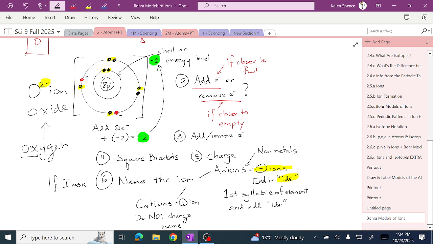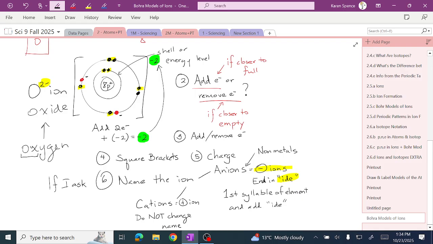But here's the thing. Sometimes, instead of one atom giving electrons and the other one taking it, sometimes 2 atoms will share electrons instead. So they'll both contribute 2 and they'll both hold on to 2. And we'll talk more about that in Unit 3. Okay, but for now, we're just going to go with this.